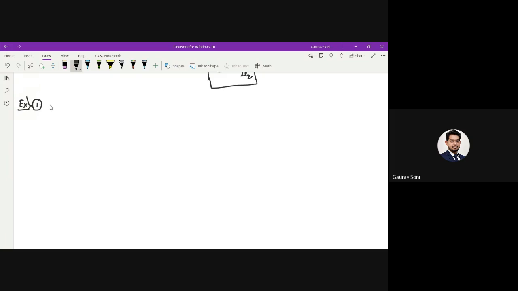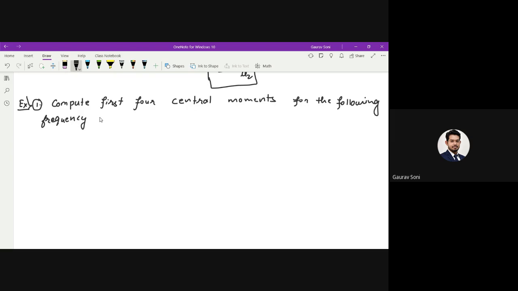Compute the first 4 central moments for the following: number of jobs completed and the number of workers.